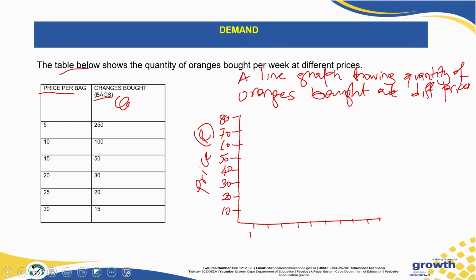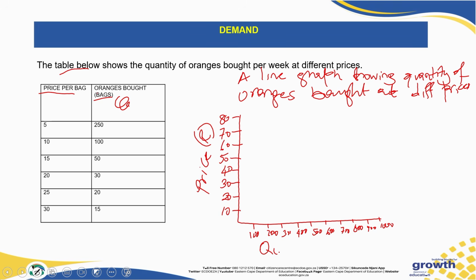We have, let's say, 100, 200, 300, 400, 500, 600, 700, 800, 900, and 1,000, right?